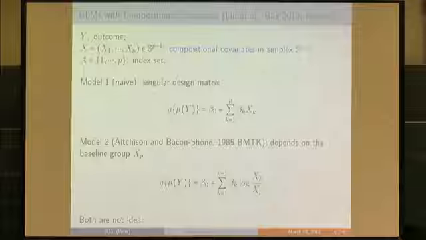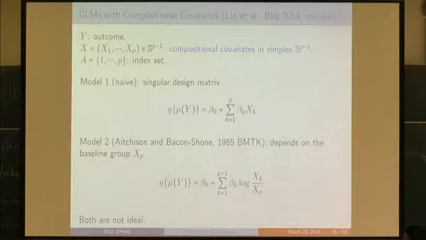This problem has been recognized in the statistics literature, mainly by John Aitchison in the UK in the 80s, and he wrote lots of papers in the 80s. In one paper in Biometrika, he proposed, instead of doing this, you take a log of the ratio, which really makes sense.